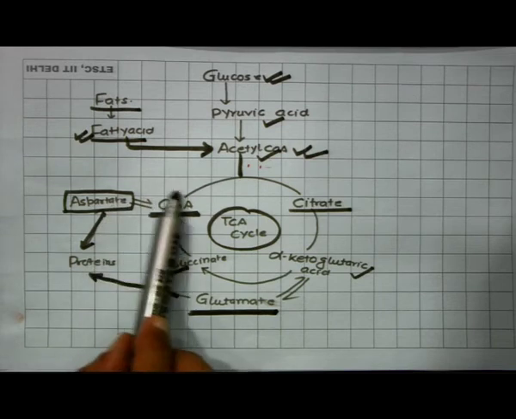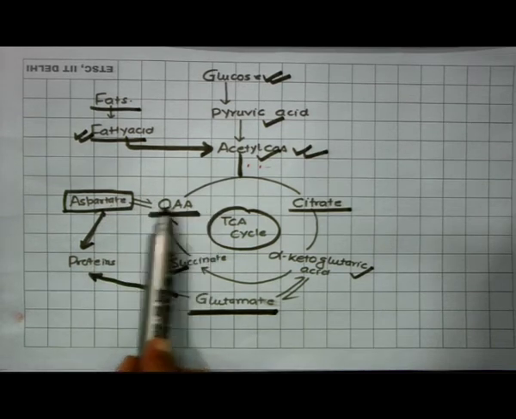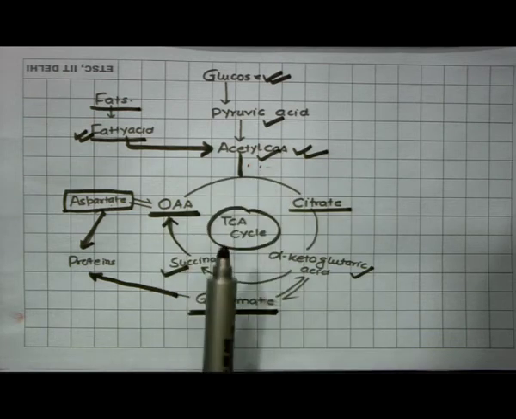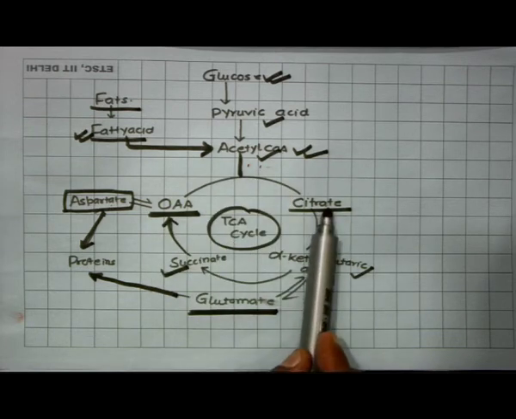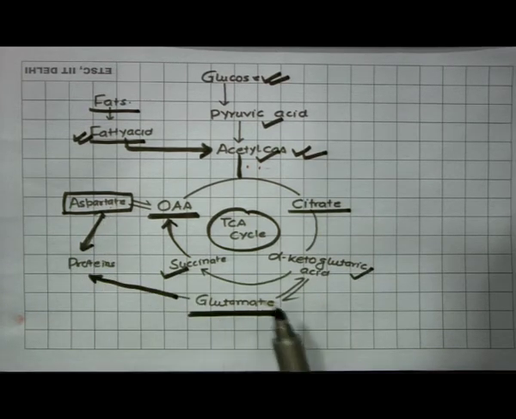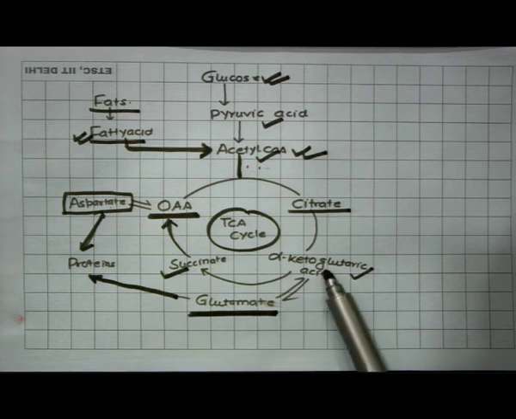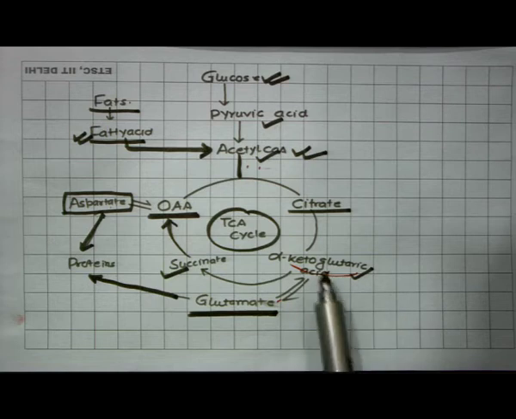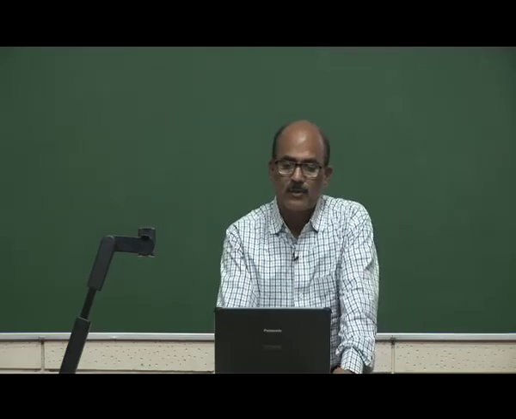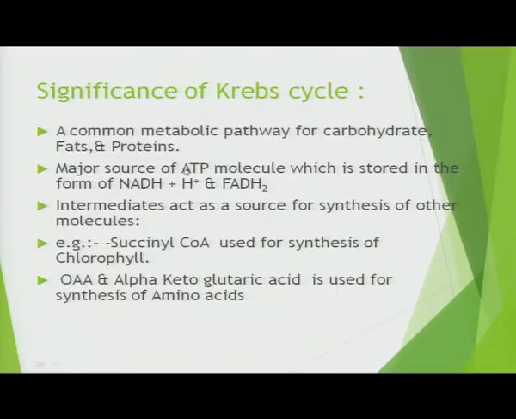Aspartate again forms oxaloacetic acid. This oxaloacetic acid combines with the acetyl coenzyme and forms citrate. This protein is converted into glutamic acid. This glutamic acid is converted into alpha ketoglutaric acid, which is directly involved in the TCA cycle. So, we can say it is a common metabolic pathway for carbohydrate, fat and protein.